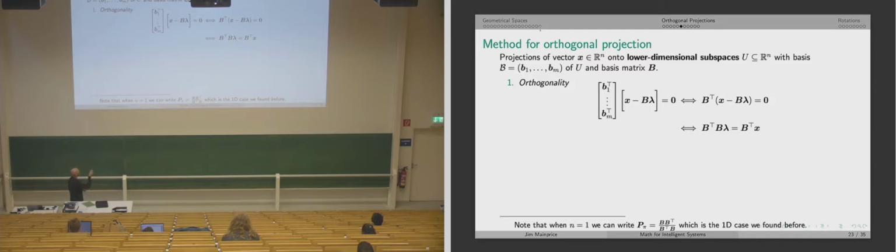Anyway, so we write that down in just a different form here. That matrix is just B transpose. Remember, we were composing this big B as columns of a matrix. So now we have rows of a matrix, so it's just the transpose of it. So that's B transpose times x minus B times the lambda vector is equal to 0.